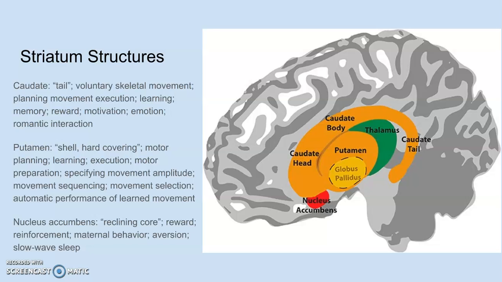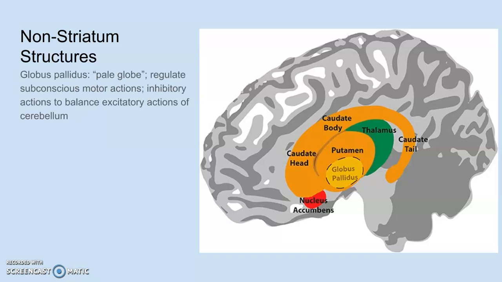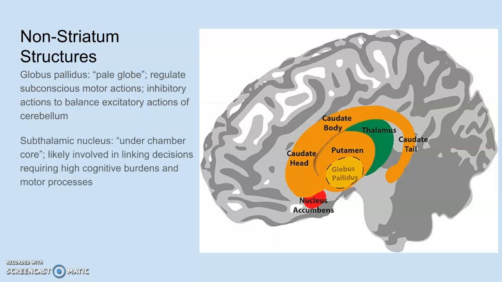Now let's talk about the non-striatum structures. The globus pallidus, which just means the pale globe, is there right in the center, and regulates subconscious motor actions and inhibitory actions to balance the excitatory actions of the cerebellum. The subthalamic nucleus, which you can't actually see on this particular graph that I've chosen, means under the chamber core, and it sits right beneath your thalamus, and it is likely involved in linking decisions that require high cognitive burdens to motor processes.